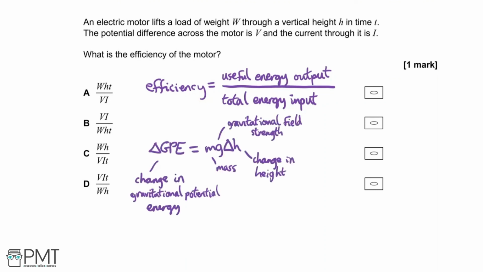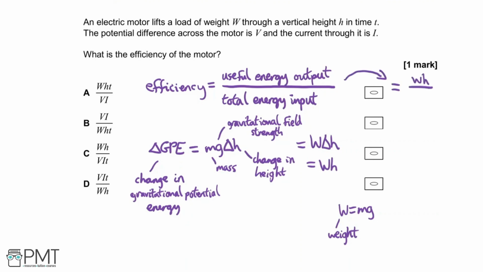So that's our equation for change in gravitational potential energy is equal to the mass times the gravitational field strength times the change in height. Now, interestingly, we can change that to W times H because weight is equal to mass times gravitational field strength. So we can make a substitution there. Now, instead of delta H in the question, it's just saying H. So let's change that as well, remove the delta. So our useful energy output is going to be W times H.